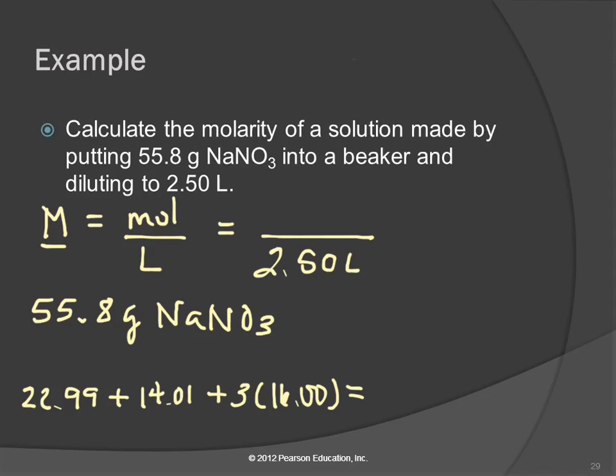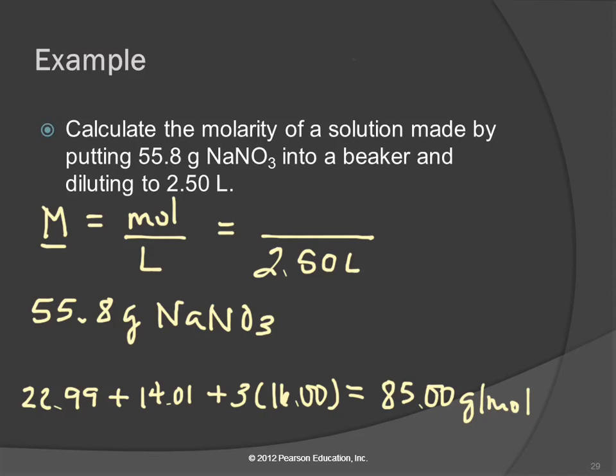And that comes out to be 22.99 plus 14.01 plus 3 times 16, you get 85. Some of those crazy ones that comes out to an even number, and you're like, what?